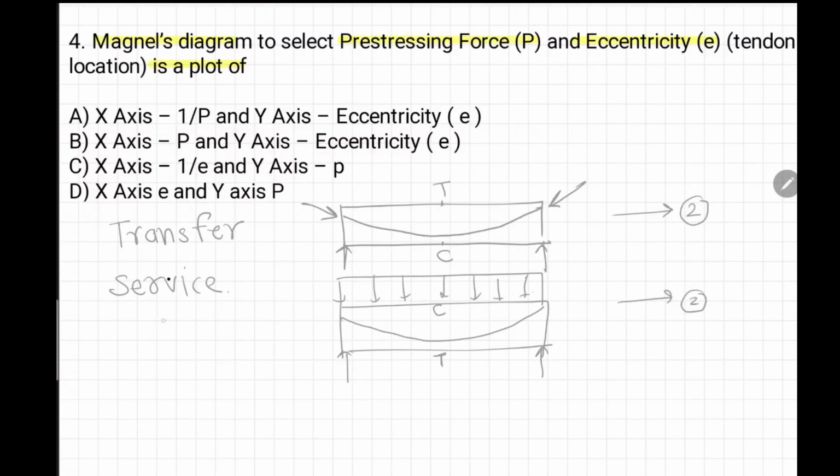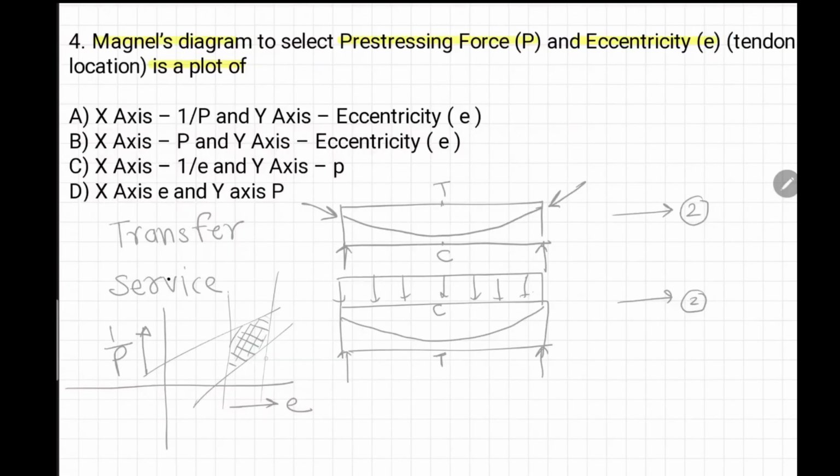If we plot these 4 equations, that plot we call Magnel's diagram. The Magnel diagram we draw with 1 over P on the y-axis and E on the x-axis. The Magnel diagram comes something like this, this is the safe zone. If my 1 by P and E fall in this zone, it is safe.